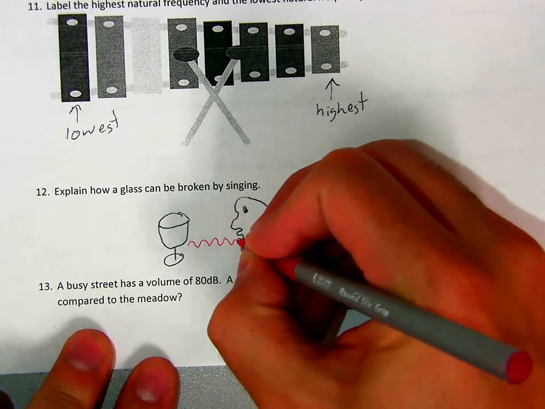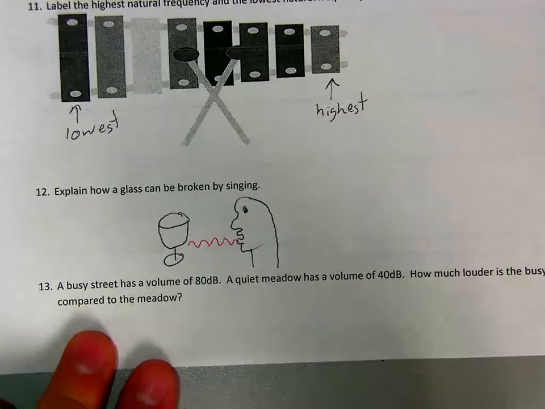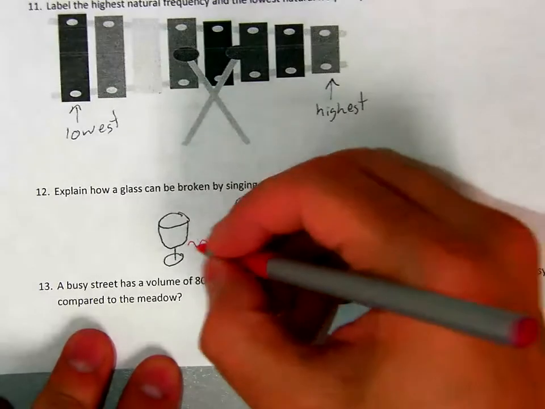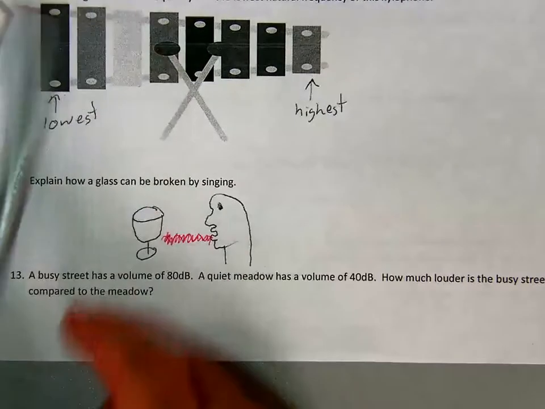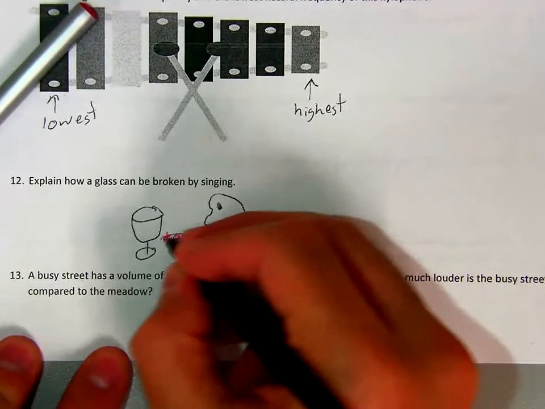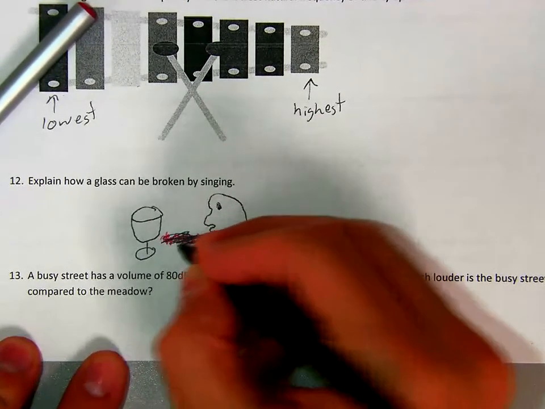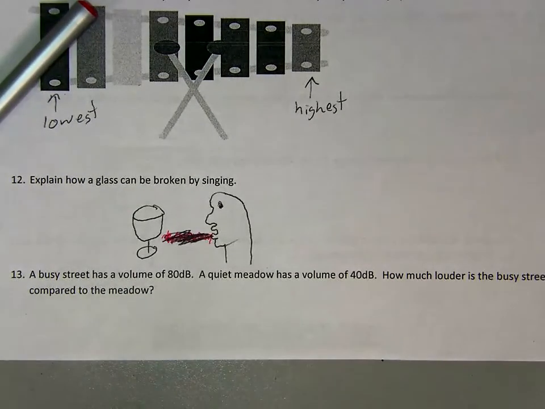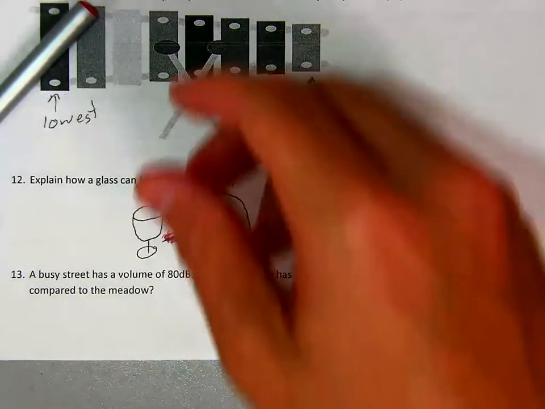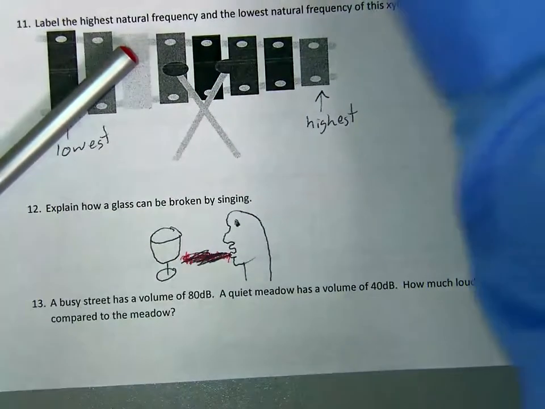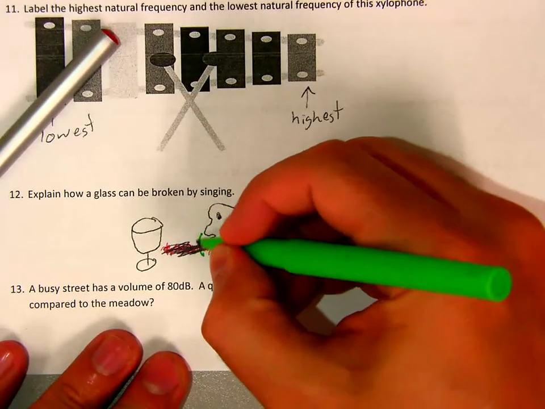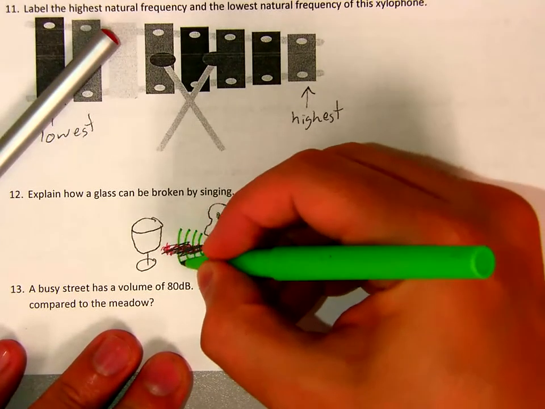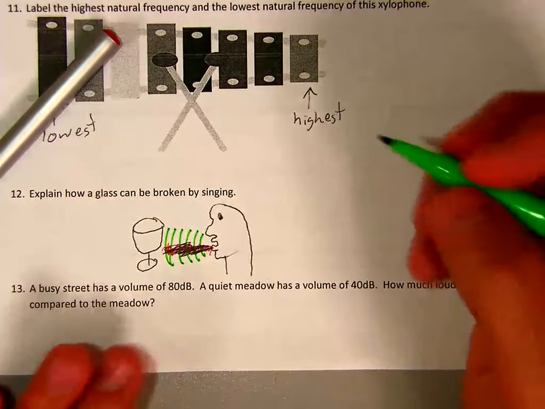So. This guy is singing with a certain frequency. Actually, I should really draw this as a longitudinal wave. Oh, that's no good. Now he just looks like he's puking. Oh well. The waves coming out of his mouth are now green, and they're longitudinal waves coming at that glass.